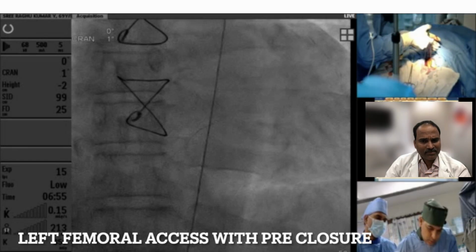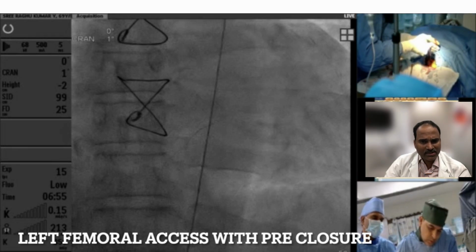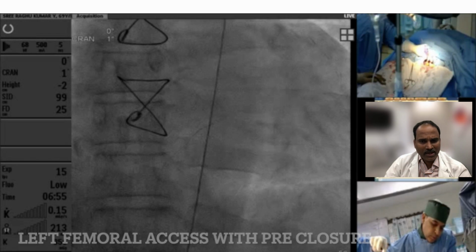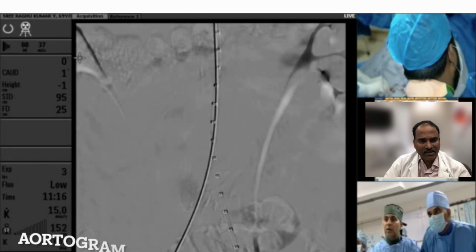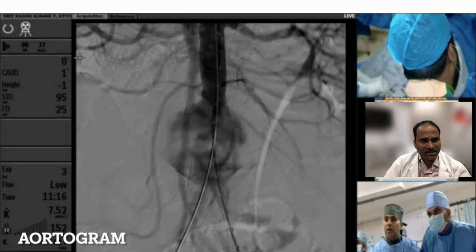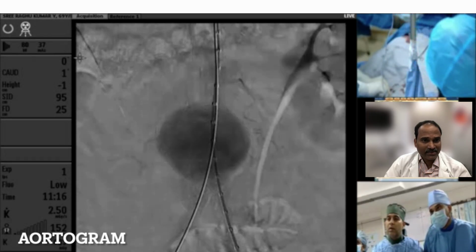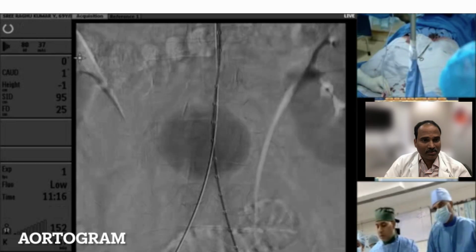Since the left side is only a 14 French device, one ProGlide should be enough, but the right side is an 18 French device. Probably a second ProGlide would help in case of any problem.